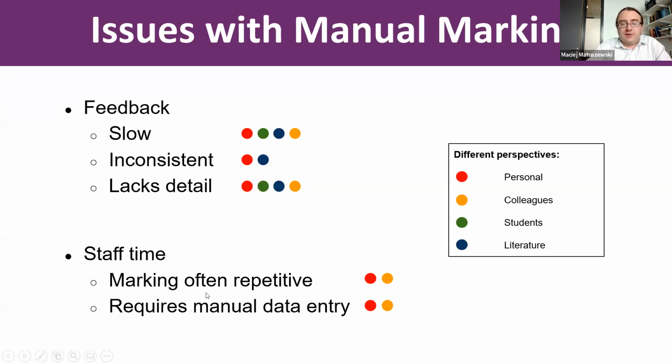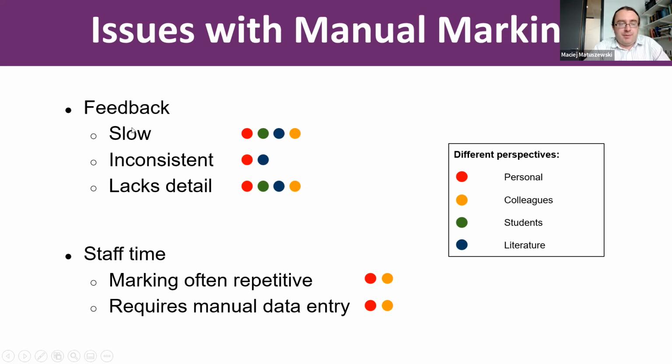The first thing that I and all my colleagues notice is the amount of staff time it takes. In the larger modules in particular, marking is often very repetitive and takes a very long time. That can also lead to errors with recording marks, putting them in the database, and students notice that. They notice that marking is often very slow.